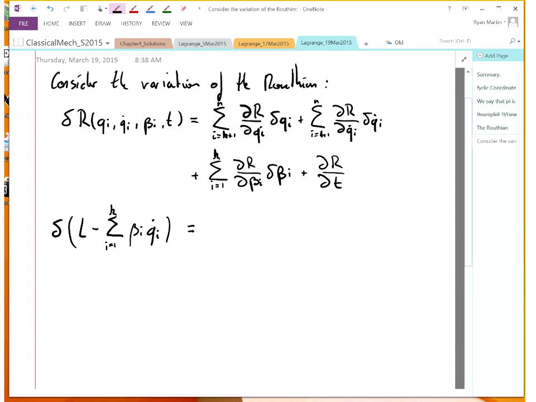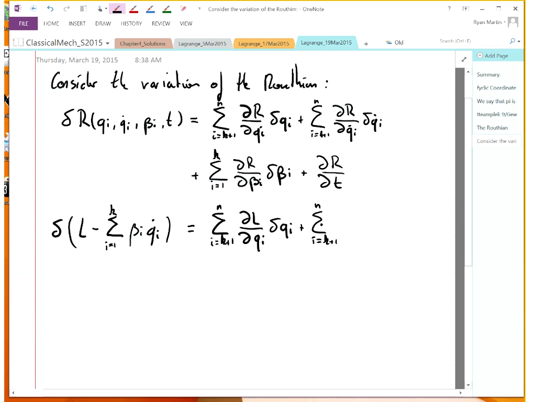Well, first we have to do the variation of L. So again, L depends on q_i and q_i dots and t. Now, L, because the q_i's are cyclic, or some of them are, the sum over the q_i, again, only starts at i equals k plus 1, and it goes to n. And I have partial L by partial q_i, delta q_i. Then I have a term, same thing, for the velocities.